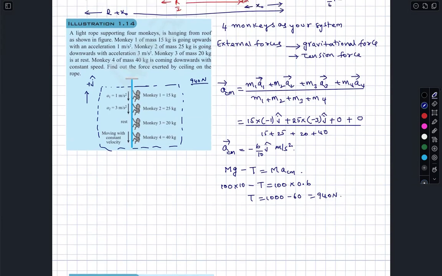Students, any doubt on this? Ask me now. Bhavana, any doubt? Monkey one is going upwards, sir. Where all the monkeys are going downwards only, no? In the question I mentioned, sir, upwards. No, you follow what is given in the question.